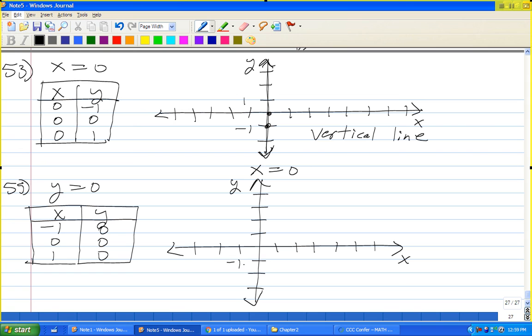So negative 1, 0, 1. y is always 0. So it's just the x-axis. So this is y equals 0. It is a horizontal line.